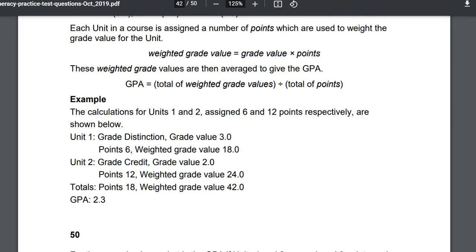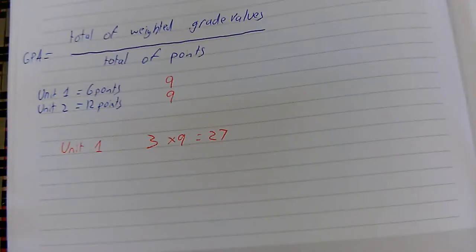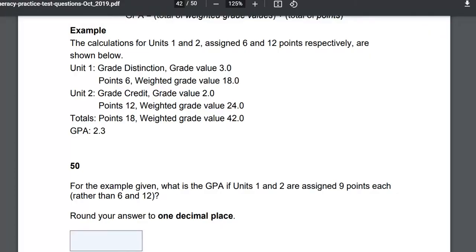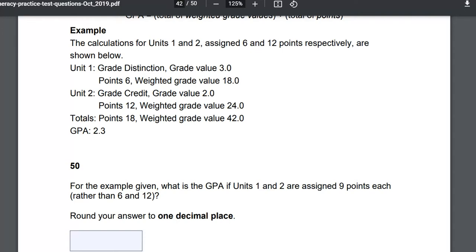So the subject is worth 9 points. They've mentioned that in the question. It's worth 9 points. And here is my 9. They have got a distinction, as we can see here.